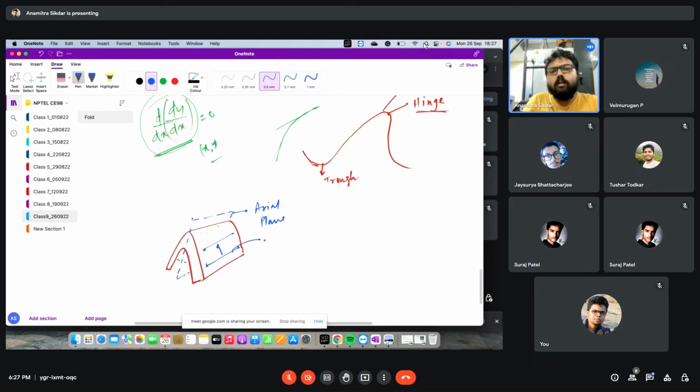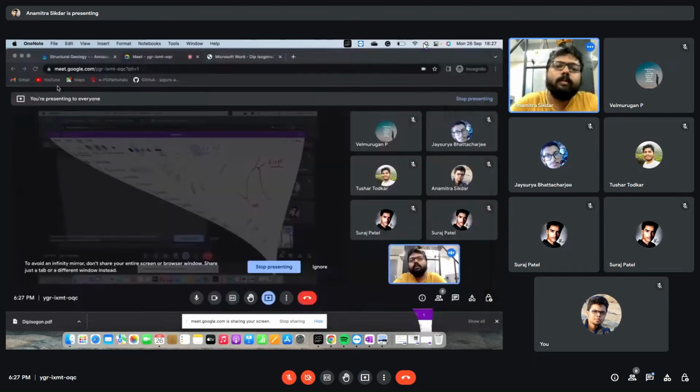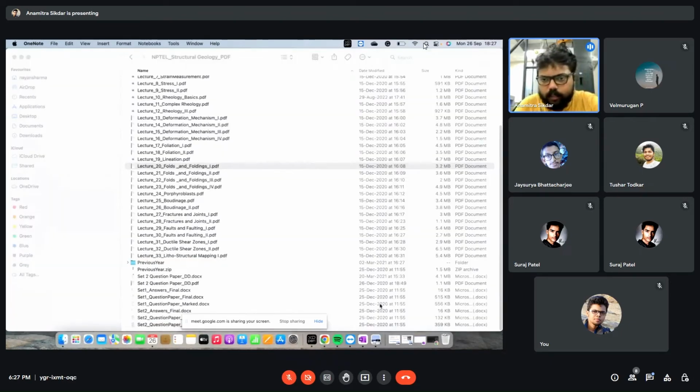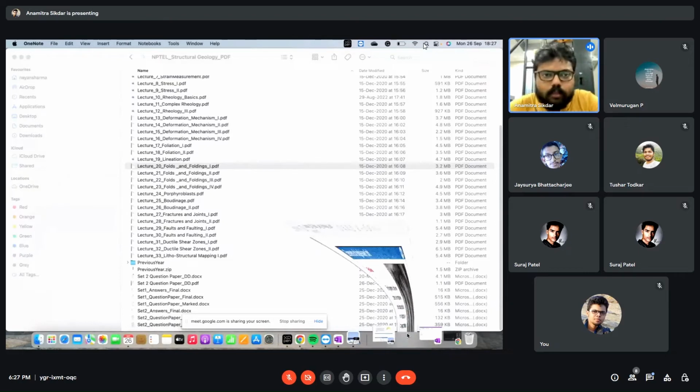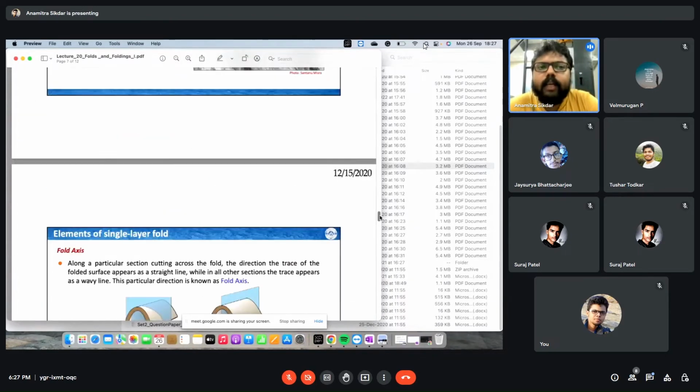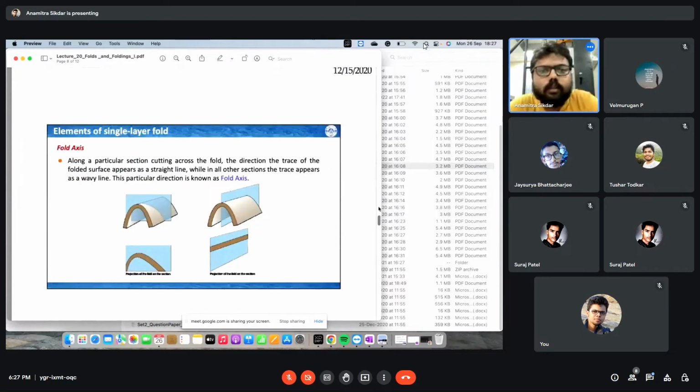So this is called fold axis, right? One imaginary line that can sit perfectly on the surface of the fold, and that can recreate the geometry of the fold, we call fold axis, right?